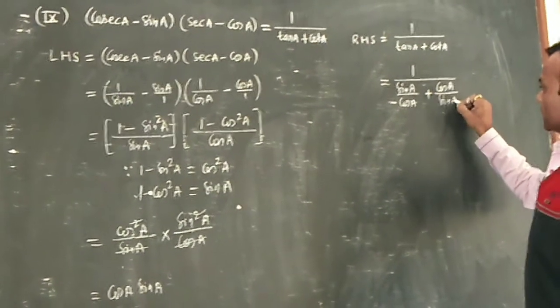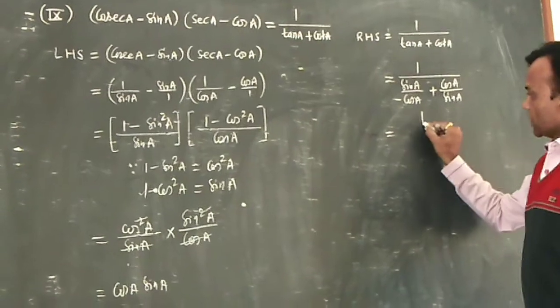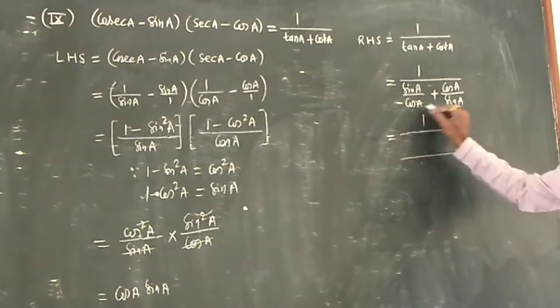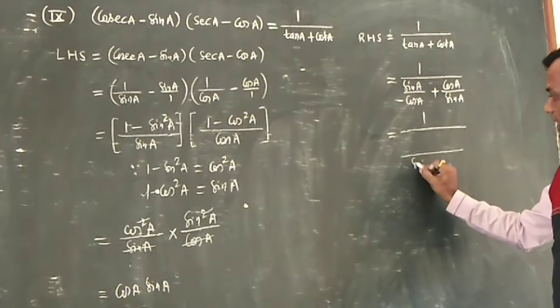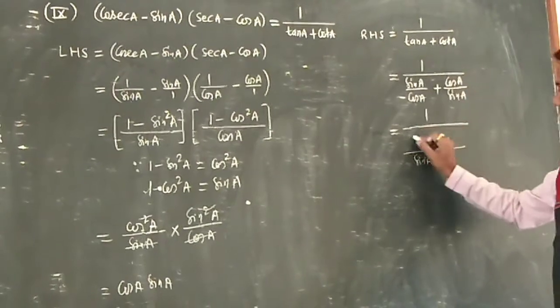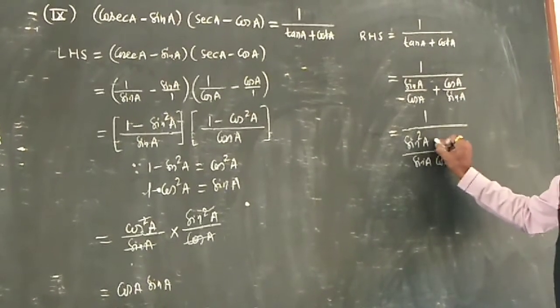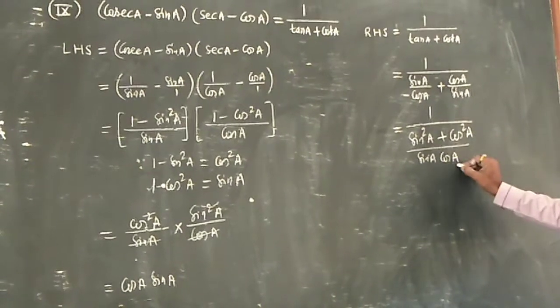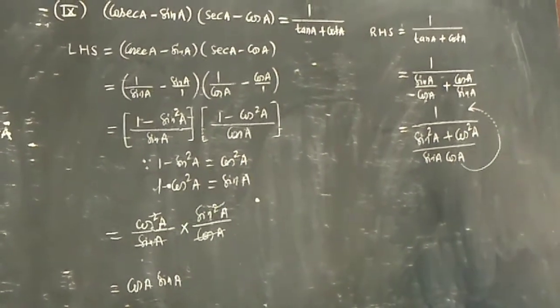Okay, then in the numerator you have 1, which you put as it is, and now you take the LCM in the denominator, which is sin A into cos A. So sin A into sin A is sin square A, and cos A into cos A is cos square A. Now this value goes into the numerator.